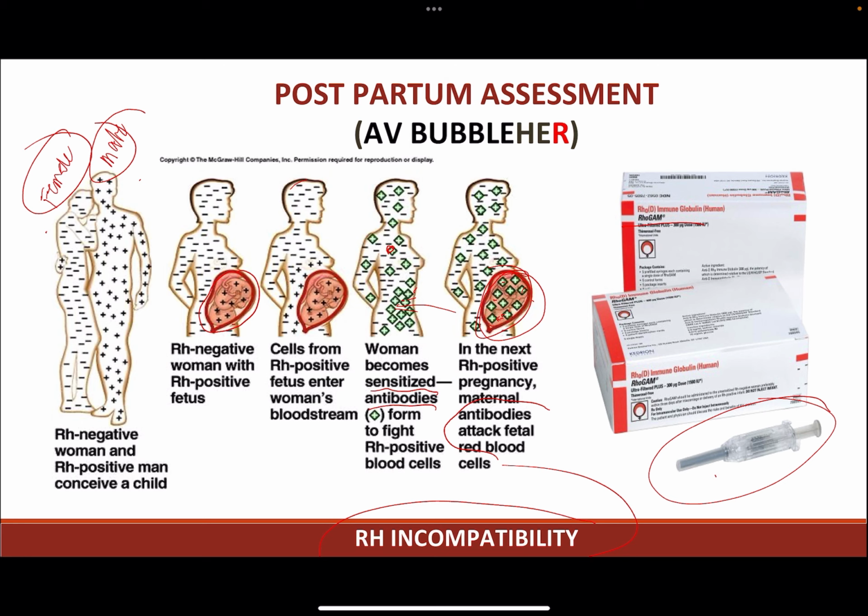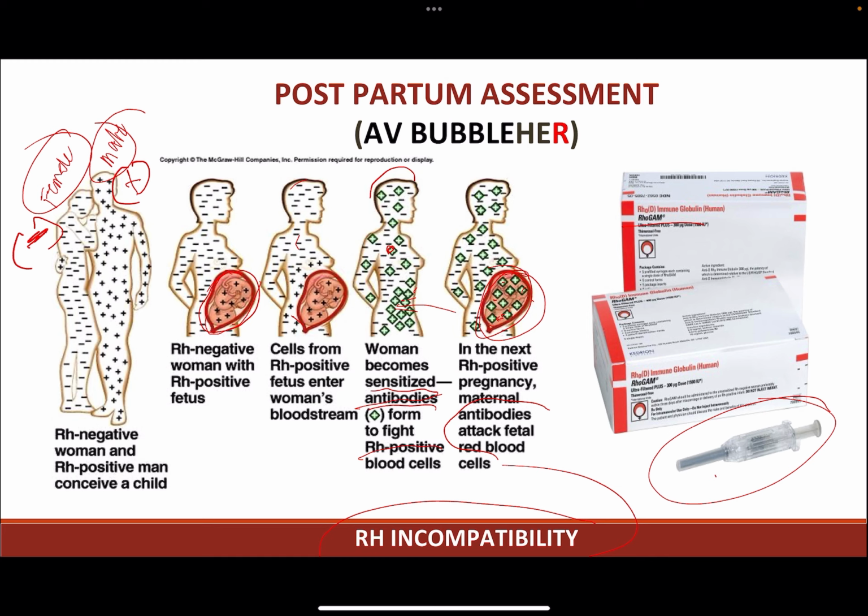Let's give more explanation. If the mother is negative and the father is positive, and they have a baby with a positive Rh, the positive Rh will appear in the mother's bloodstream, and the mother's blood recognizes that there is positive Rh. Immediately she gives antibodies to fight the Rh positive in the blood cells.